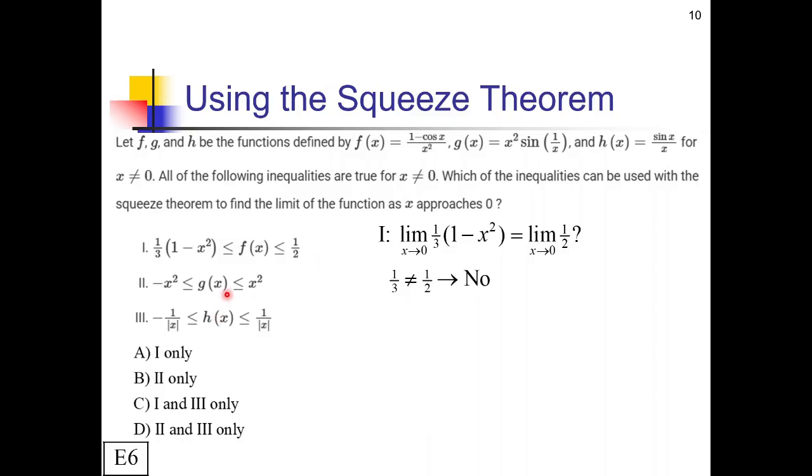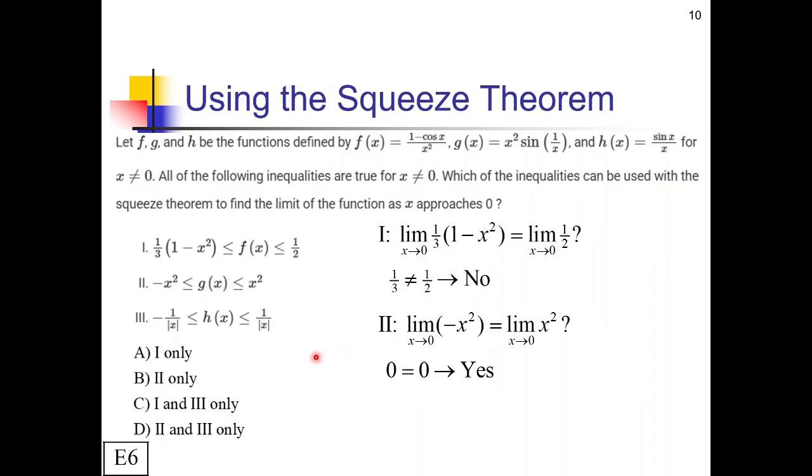Moving on to the next case, if we take the limit of negative x squared and x squared at 0, and we ask if those are the same, well, on the left here we've got negative 0 squared, which is 0. On the right, 0 squared is also 0. Those limits match, so that means that g is going to be whatever limit those both equal. g is actually going to have a limit of 0 as well. In general, yes, the squeeze theorem lets us tell what the limit of g is in that situation.